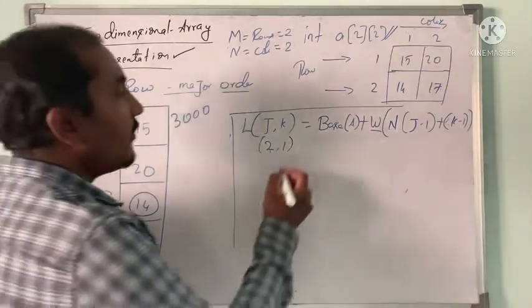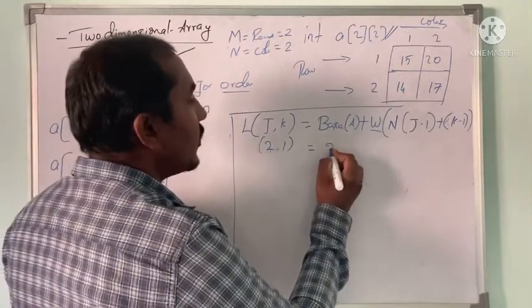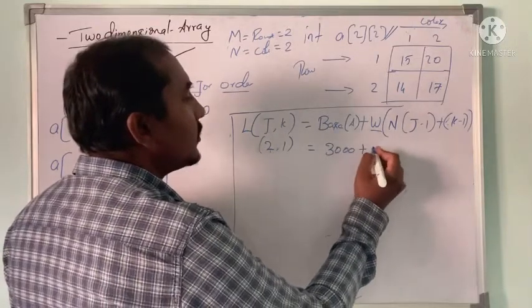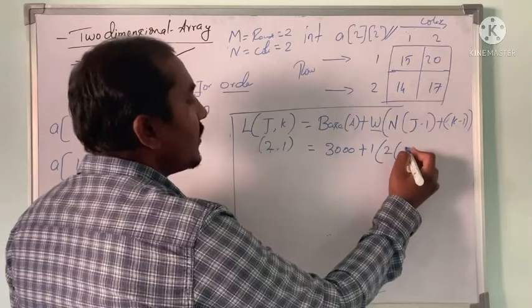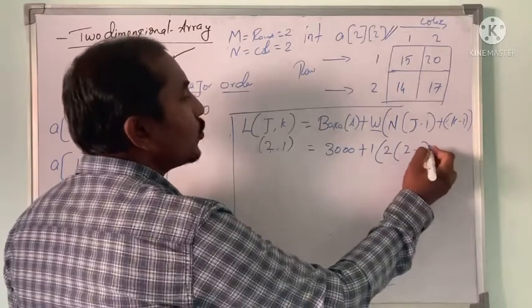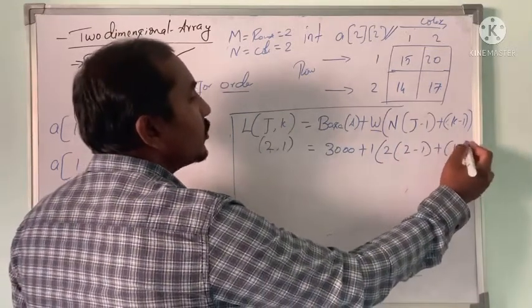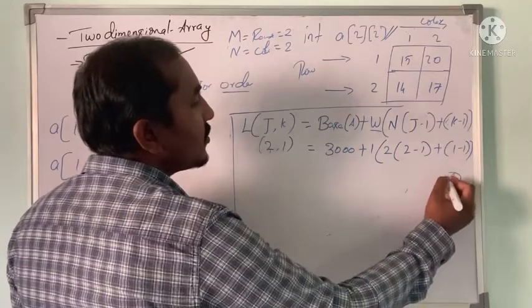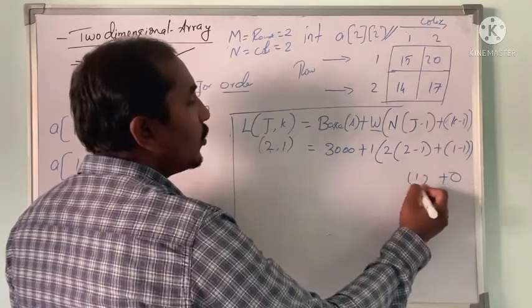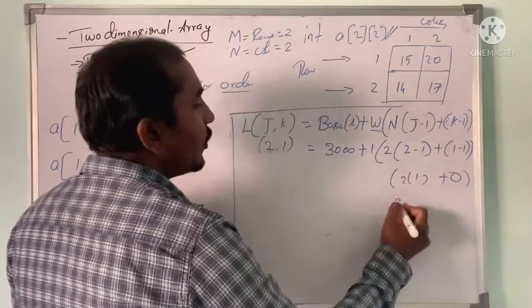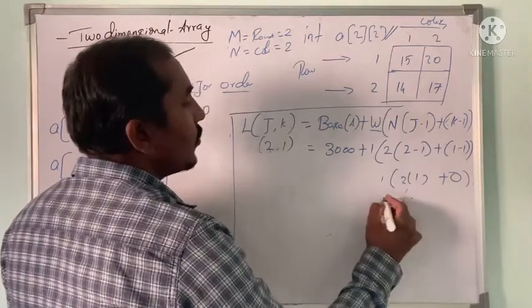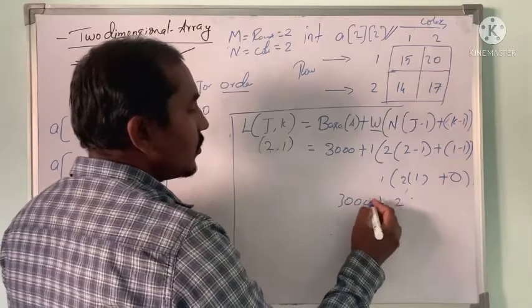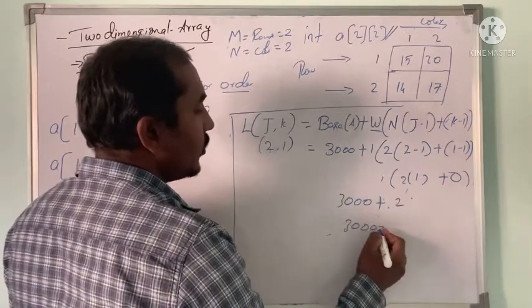Okay, now if I calculate this, base value is 3000 plus width is 1, number of columns we have is 2, and j value is 2 minus 1 plus k value is 1 minus 1. So this will be 0 plus 1 into 2, which is nothing but 2. 2 into 1, again we will get the value 2 itself. So after this we add this to 3000, so it will be 3002.